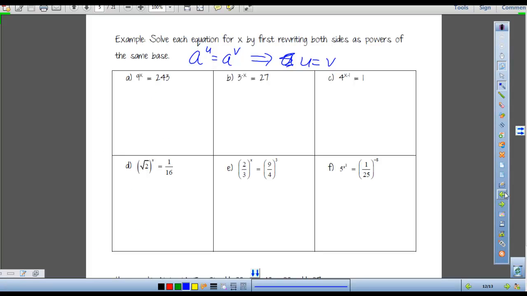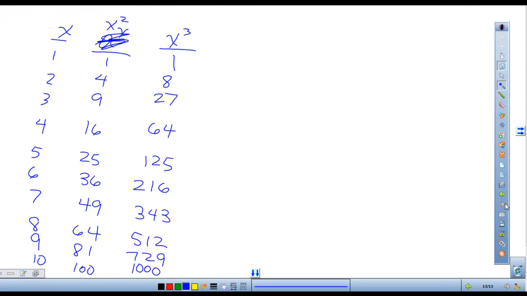We've got 243. Was 243 in our list anywhere? Okay, we saw it where? Okay, let's make sure. We probably need to look at some more powers of 2 and 3. Let's stretch these out. 2 to the 4th is 16. 2 to the 5th is 32. 2 to the 6th is 64. 2 to the 7th, okay, 2 to the 8th, okay, 256.